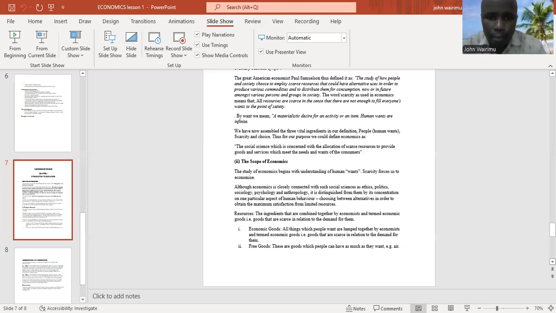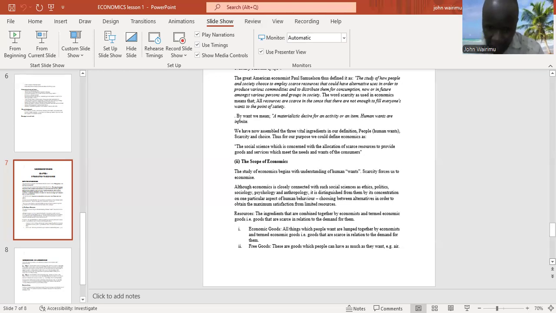Now, when we're talking about economic goods, we are saying all things which people want are lumped together by economists and termed economic goods. That is, goods that are scarce in relation to demand for them. Listen, something of economic value is not available to anyone.